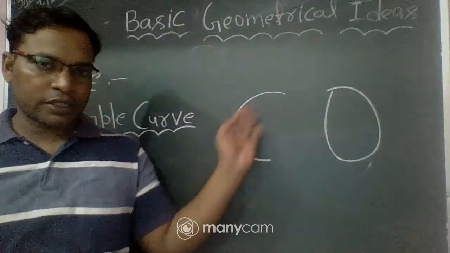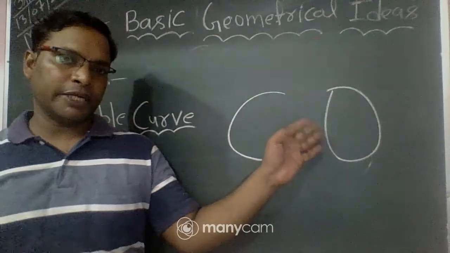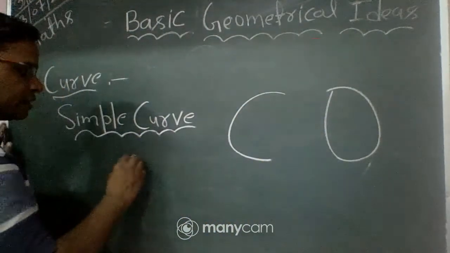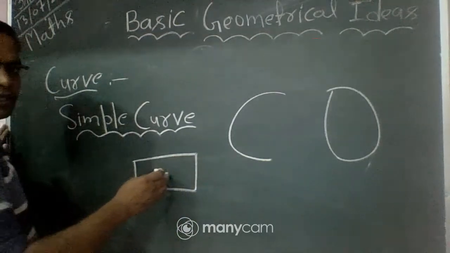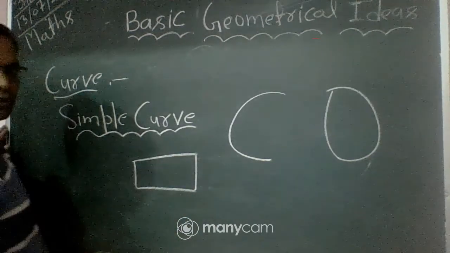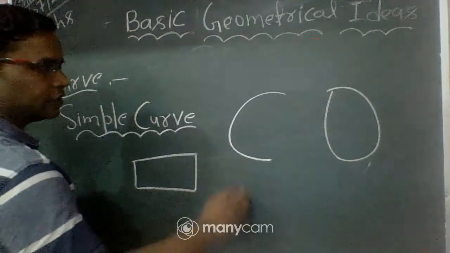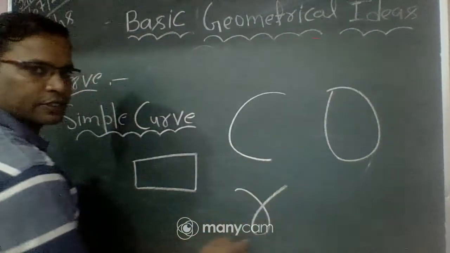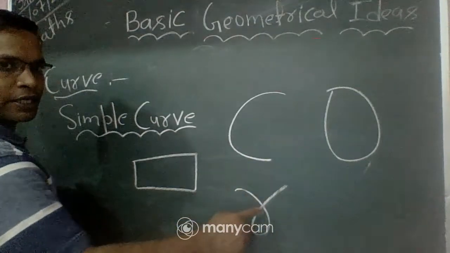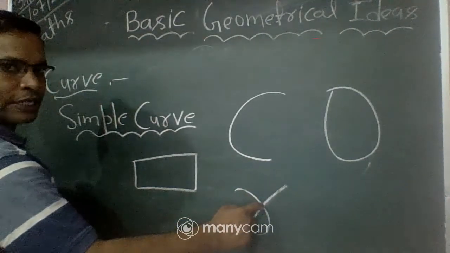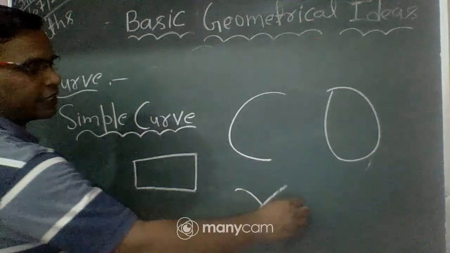So you can see this curve does not cross itself at any point, and this curve also does not cross itself at any point, but here you can see this curve intersects itself at a point. Okay, so this is not a simple curve.